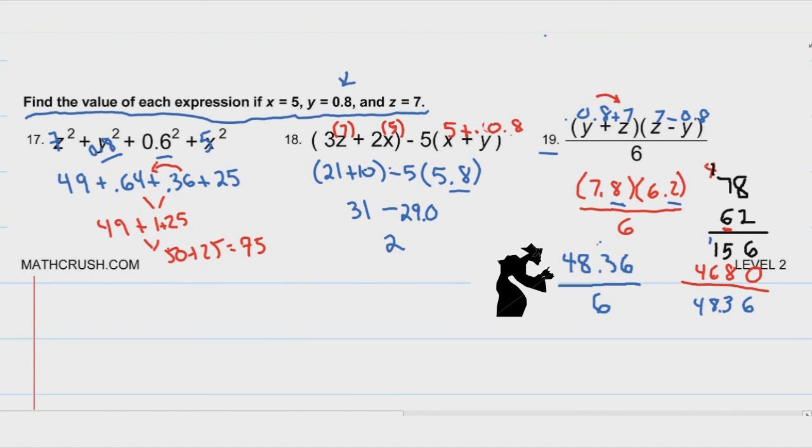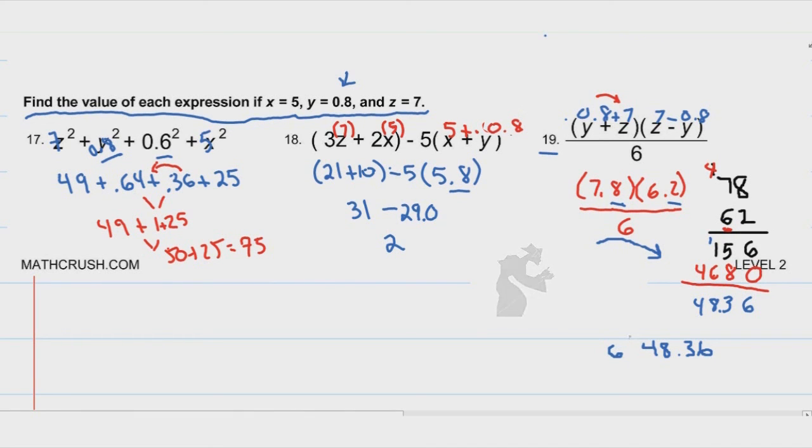I'm going to push you over. So he falls over, and when he lands, the 48.36 lands right there, and the 6 lands right there. And the 48.36 says, no, help me. And the 6 says, build a house. And they build a house, and they become a long division problem.